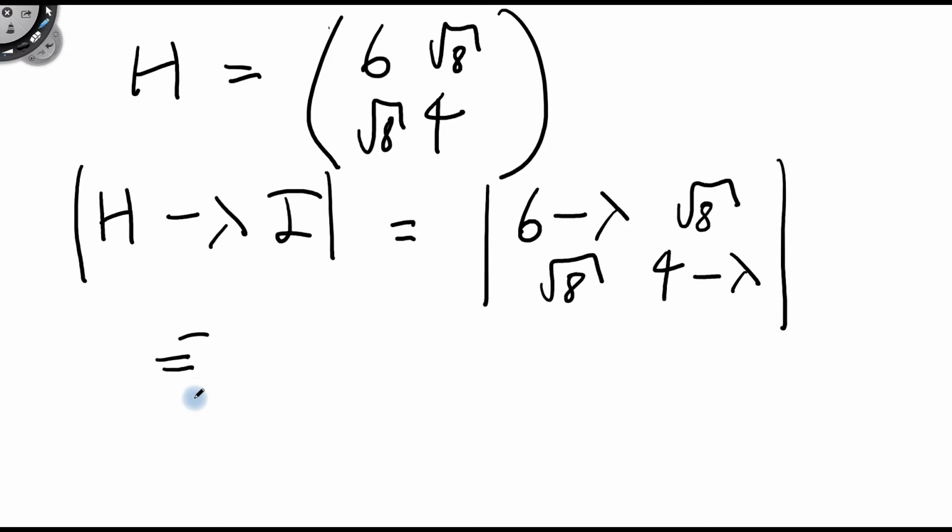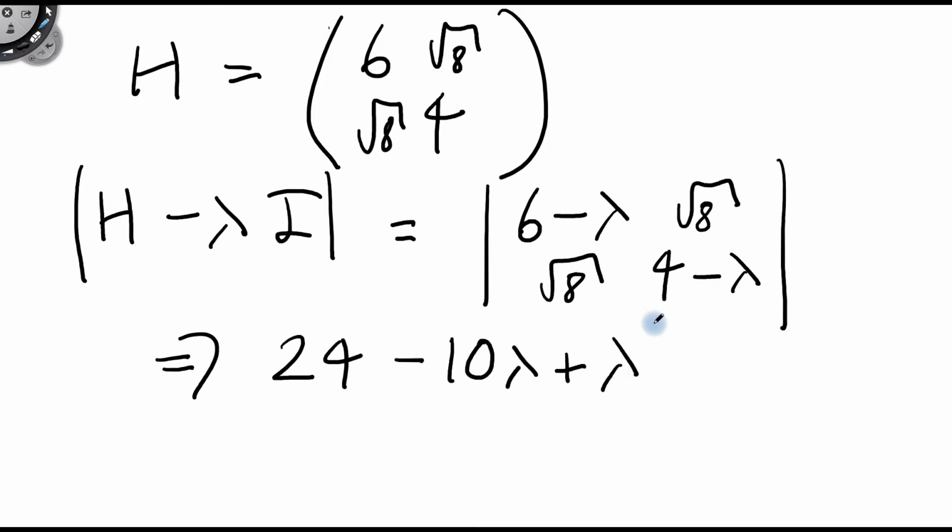We end up with 24 minus 10 lambda plus lambda squared, and that equals 0, by the way.